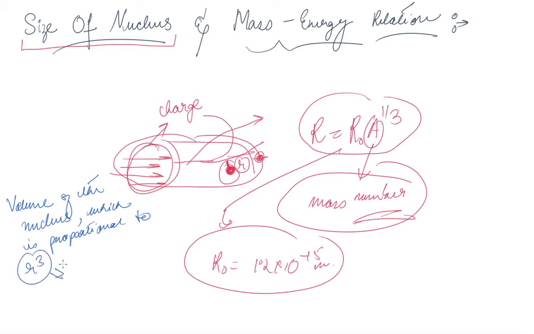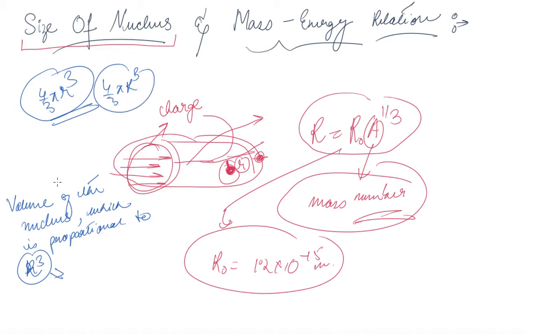Now, what does this actually mean? What is volume? 4 by 3 pi r cube. This is the volume of a sphere.